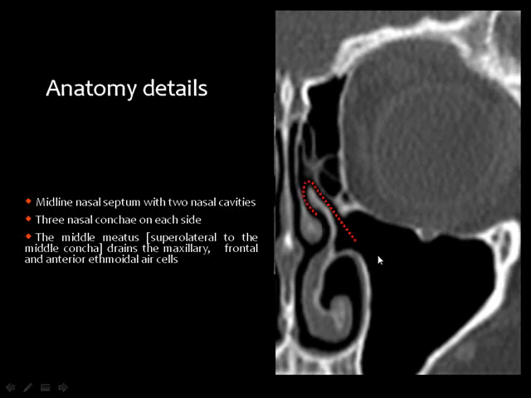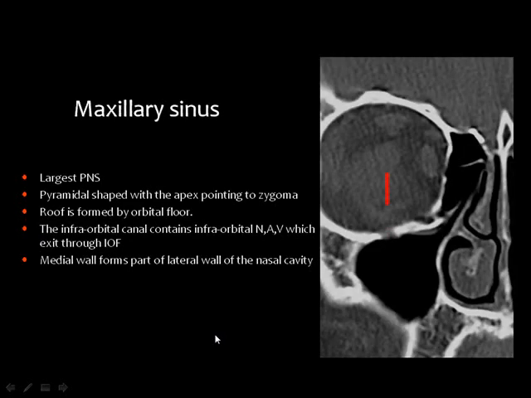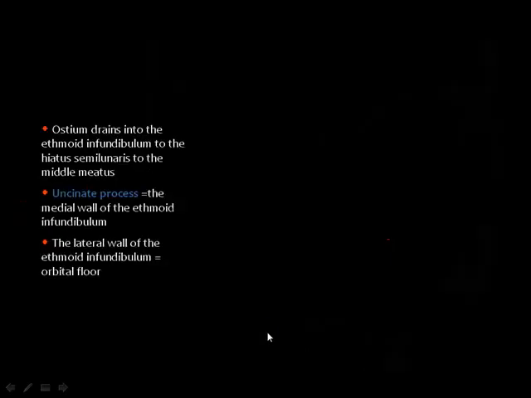By the osteomeatal unit, you should know that it is the complex including the maxillary sinus ostium, the ethmoid infundibulum, the hiatus semilunaris, and ending with the middle nasal fossa. And here you can see in the floor of the orbit this important foramen, which is known as the infraorbital canal.